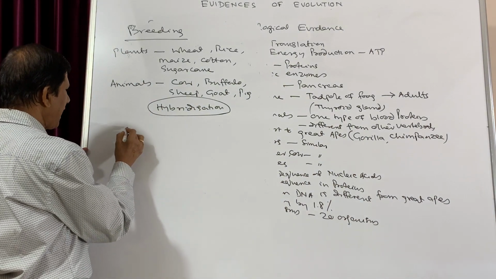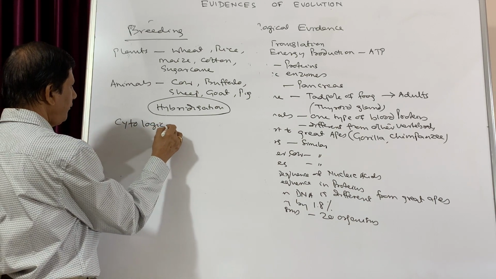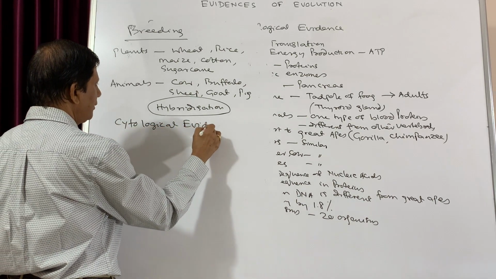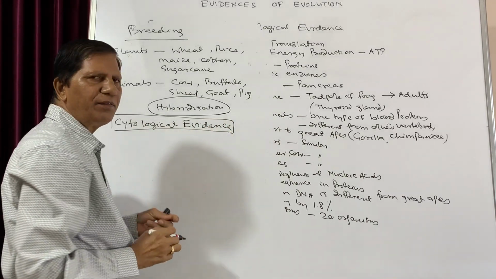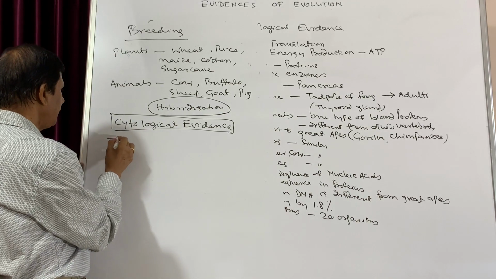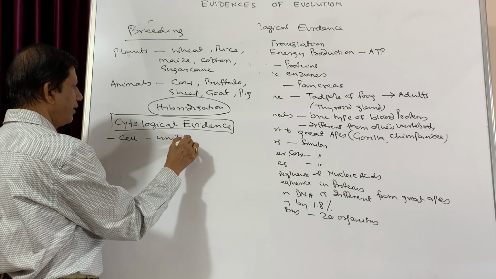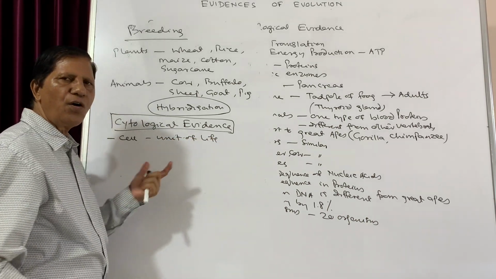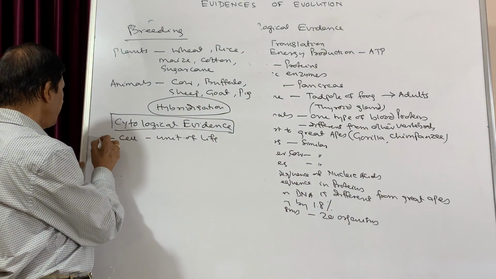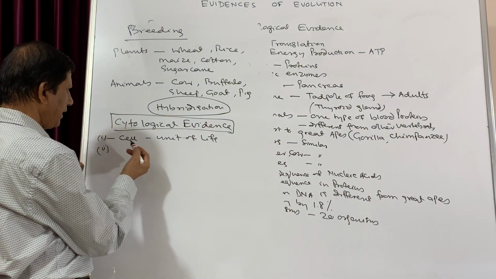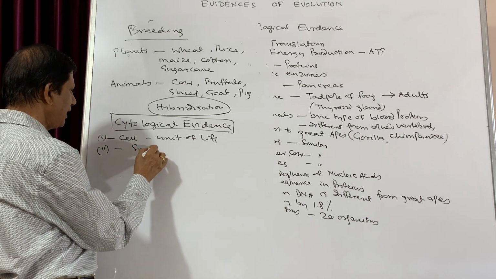Another is cytological evidence. From cytological evidence we can cite some examples. Take the case of the cell. The cell is the unit of life, and for all organisms the cell is the unit of life. Then the second one: in each cell similar organelles are there.